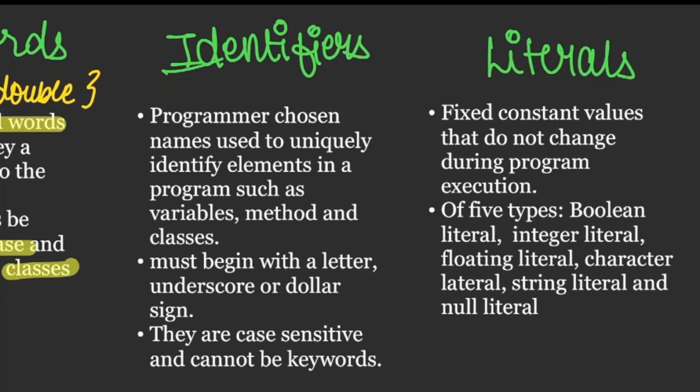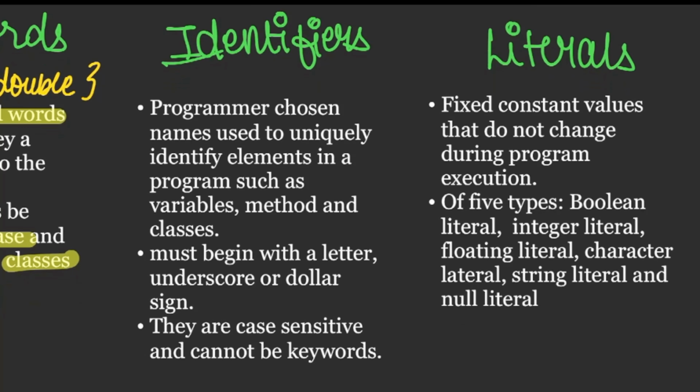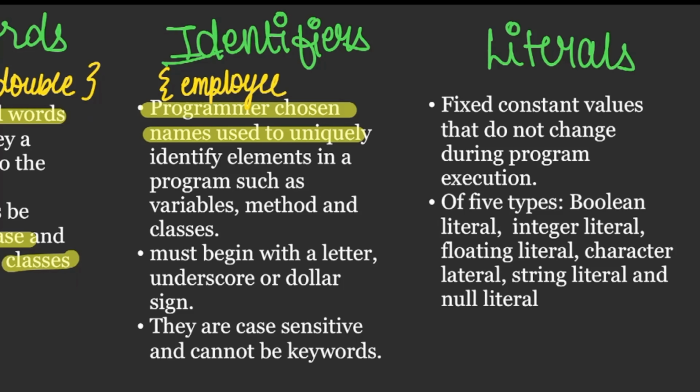Moving on to the next one, identifiers. Identifiers are programmer chosen names used to uniquely identify elements in a program. Say we named our class employee, correct? You can have some other name, Madhu.